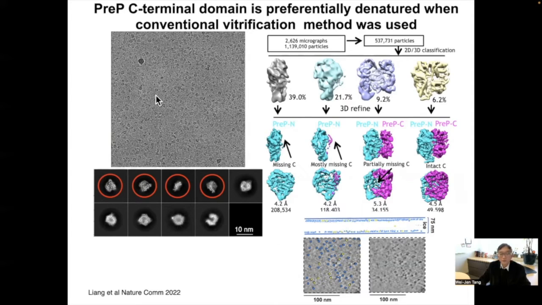After substantial optimization of the protein to make it stable, we put it on the grid, and the particles looked good, except that when we did the 3D classification, we found the particle size seemed to be only about half the size. Even with the full-length protein, most of them had a missing part, suggesting the protein undergoes substantial denaturation during the grid making process.